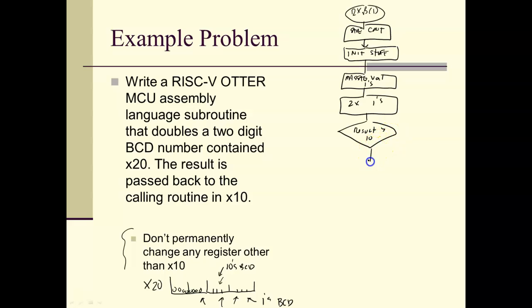If it isn't, I don't really have to do anything. But other than that, this is a yes. If the result is greater, I'm going to have to subtract 10. I'm going to say increment the tens digit. So I'm putting a bunch of information in that one instruction, which is okay.